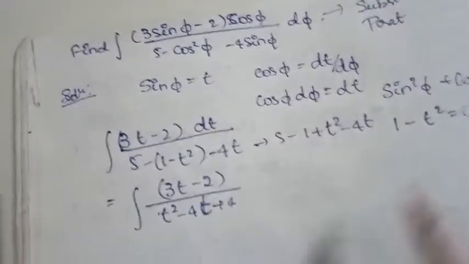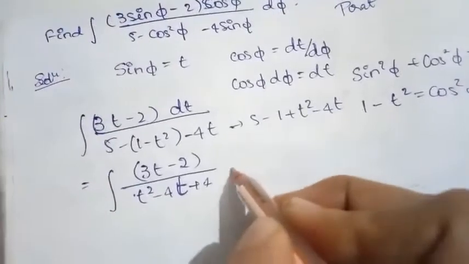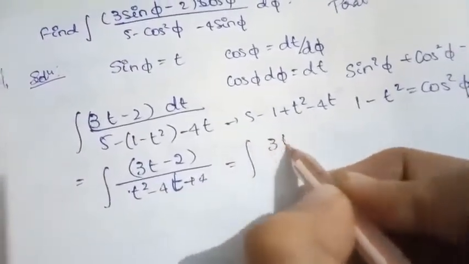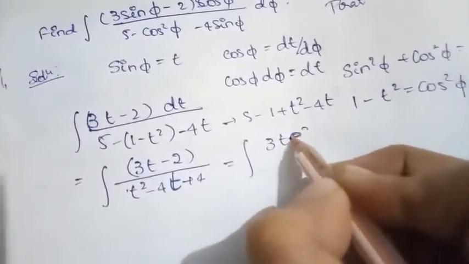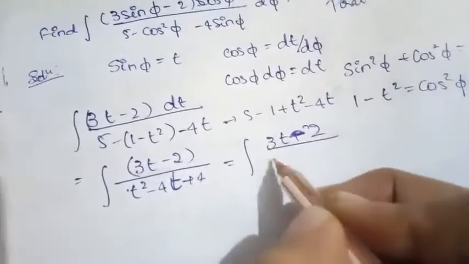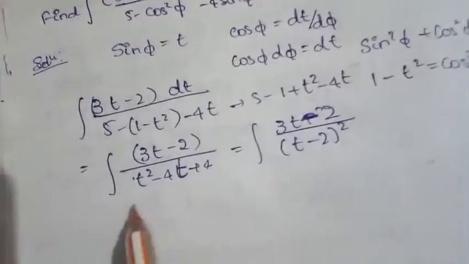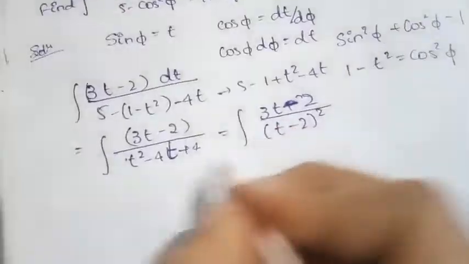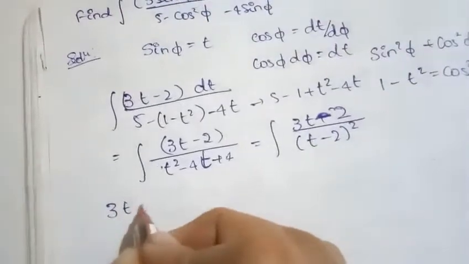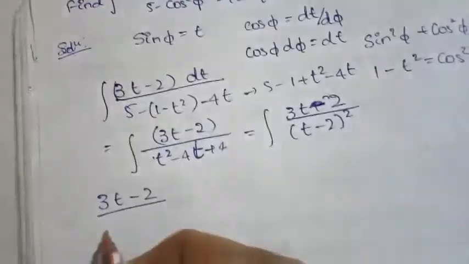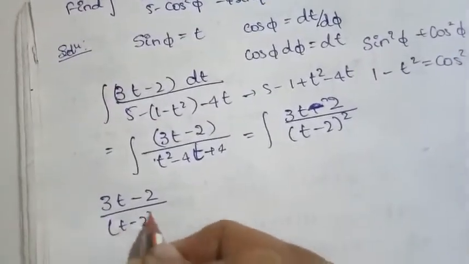So this is nothing but what? T square minus 4t plus 4, it is equal to integration of 3t minus 2 divided by t minus 2 whole square. When I take t minus 2 whole square, it is t square minus 4t plus 4. Now I am considering the integrand here, that is 3t minus 2 divided by t minus 2 whole square.